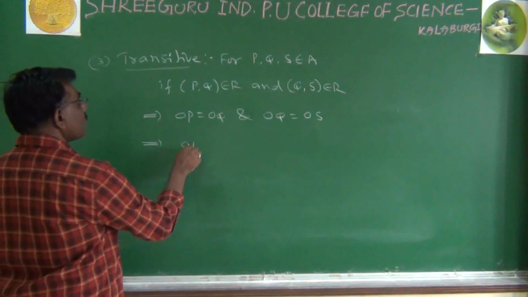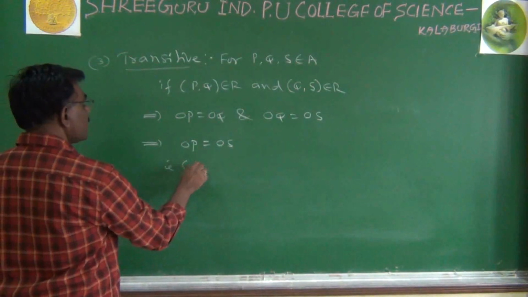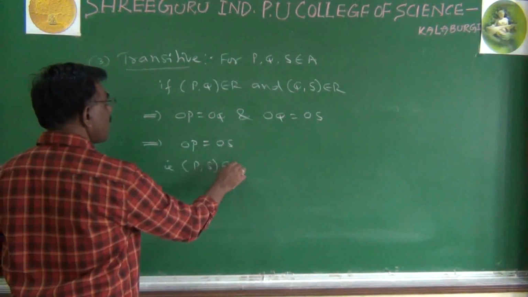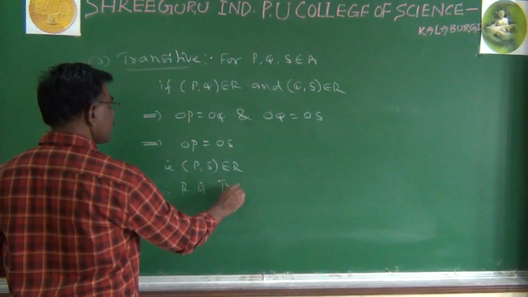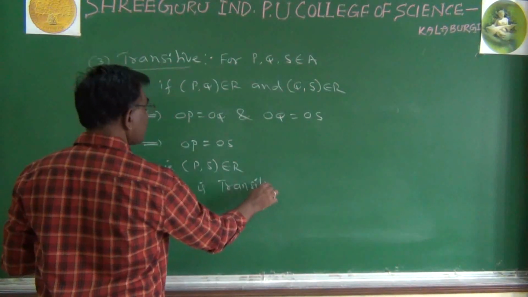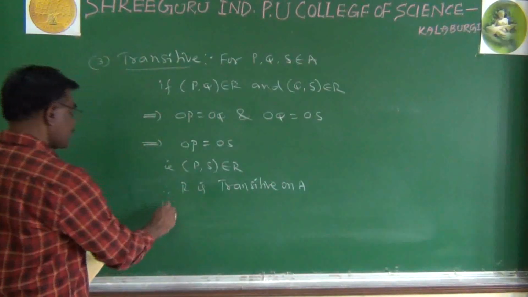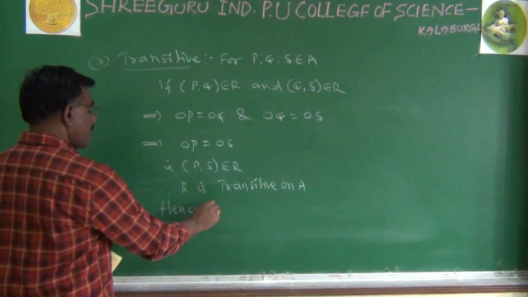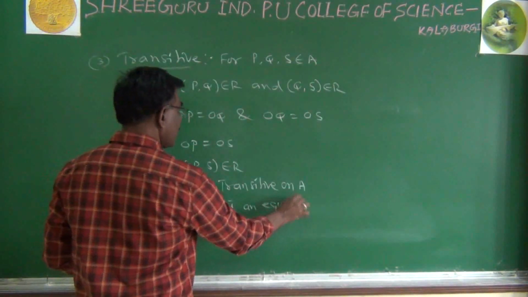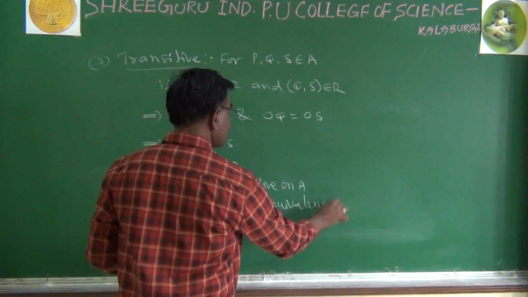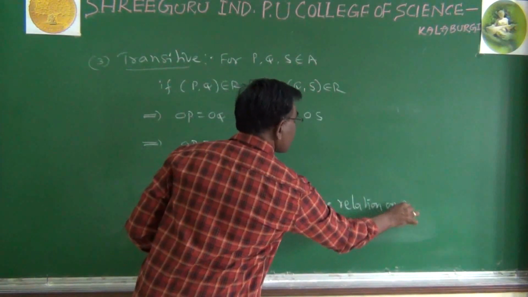It implies OP equal to OS. That is (P, S) belongs to R. Therefore, R is transitive on A. Hence, R is an equivalence relation on A.